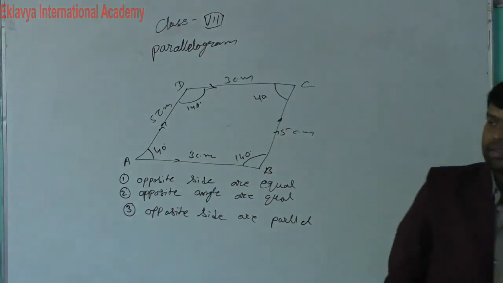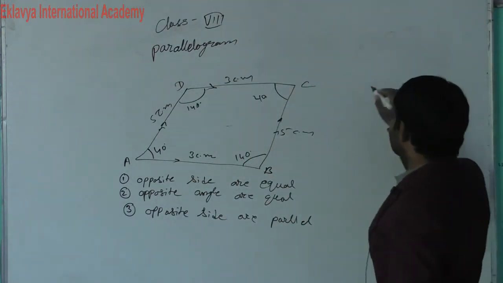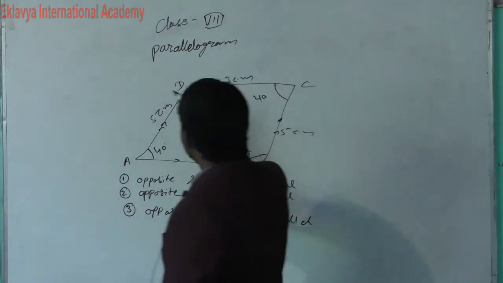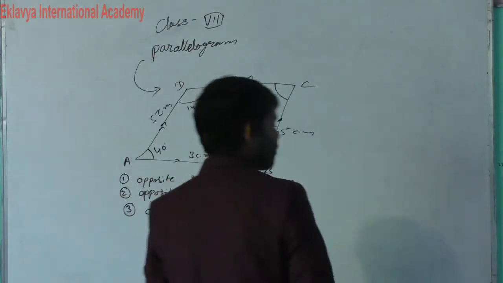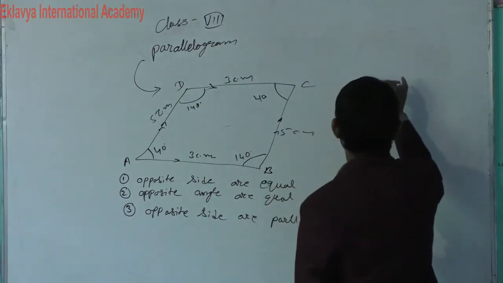Now the second figure is the rhombus. The first one is our parallelogram. The second is the rhombus.